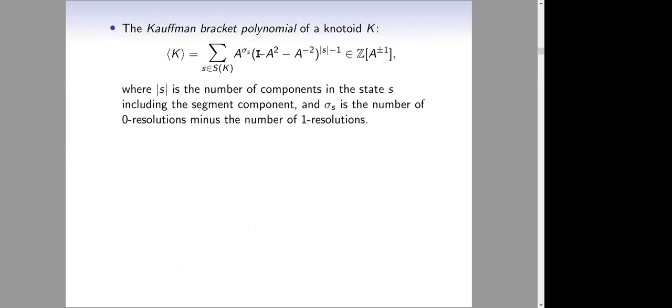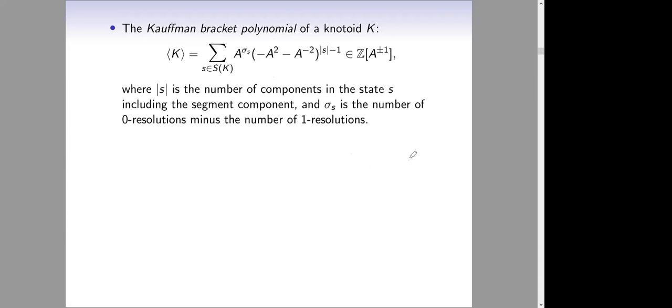For each crossing you do the smoothings, and in the same way we assign this term for each circle component, and there will be one extra component that will look like this. It will be just some arc with two endpoints. That's the difference from knots.